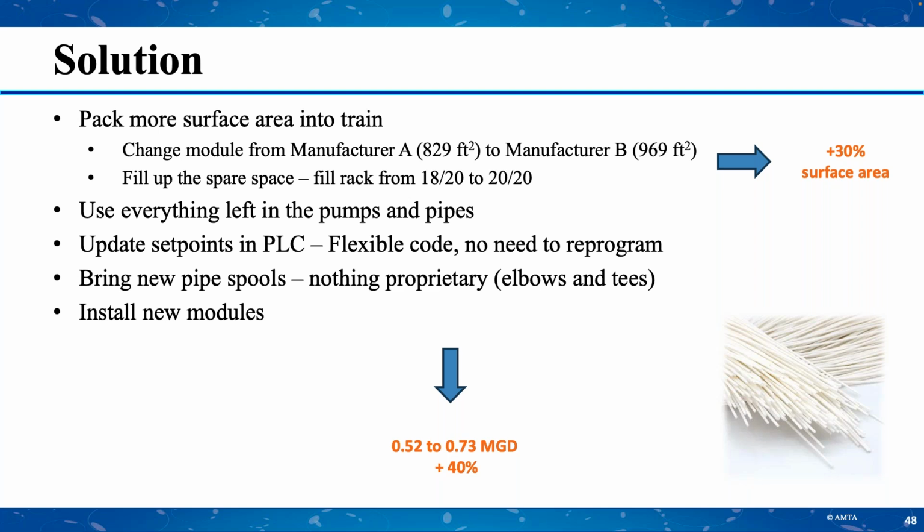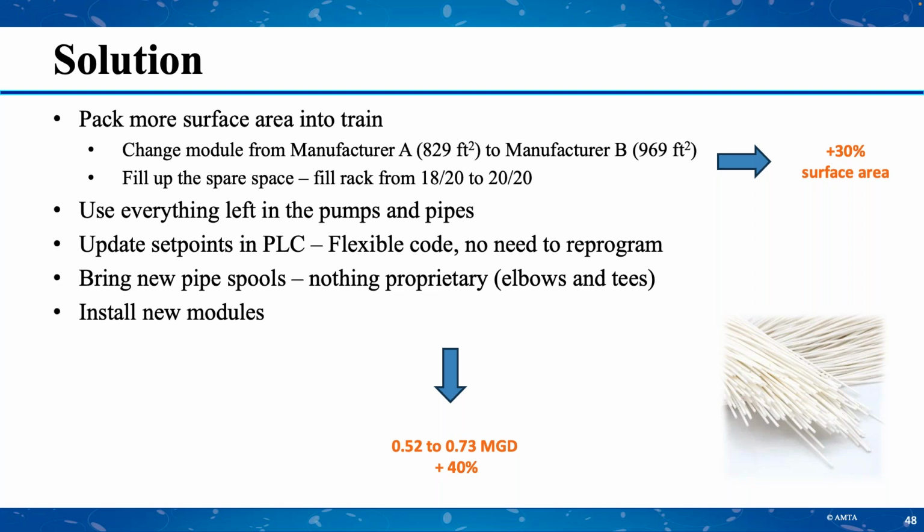So as was mentioned before, if you design a FiberFlex, or you design an open platform rack, the code doesn't have to be changed, and your sequences are able to adapt really easily to different modules, and you just have to change set points. You don't need to reprogram the facility. Then we installed new pipe spools.